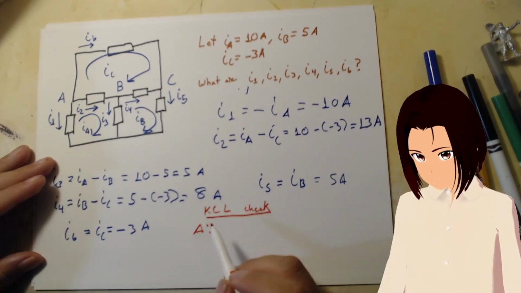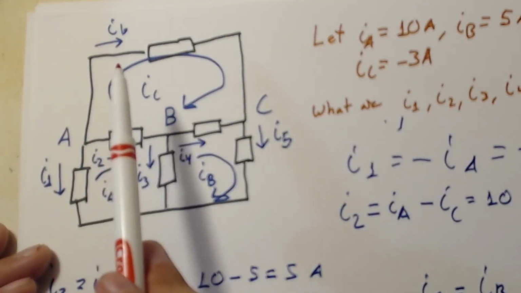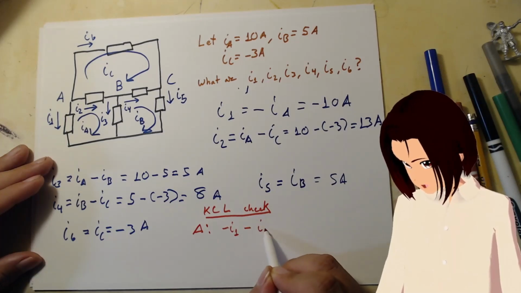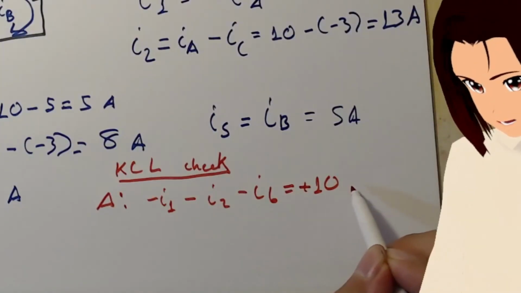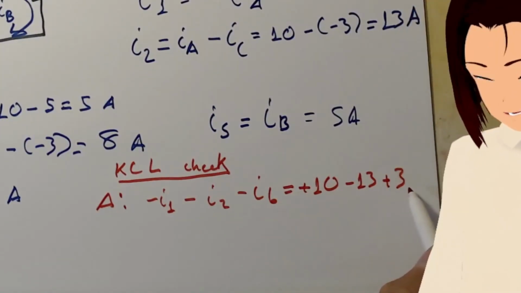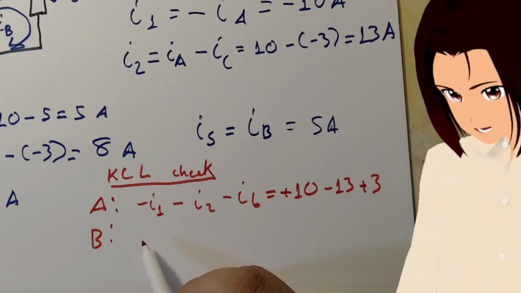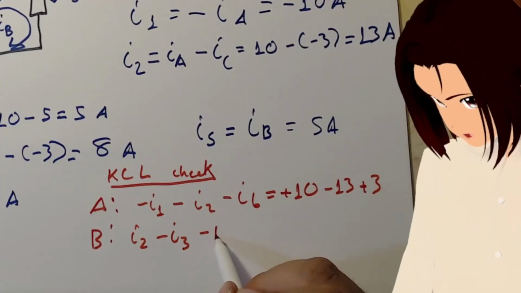At A, we have I1 going out, I2 going out, I6 going out. Minus I1, minus I2, minus I6, and that would just be plus 10, minus 13, plus 3. And it checks out. KCL checks out for A. For B, we have I2 going in, I3 going out, I4 going out.